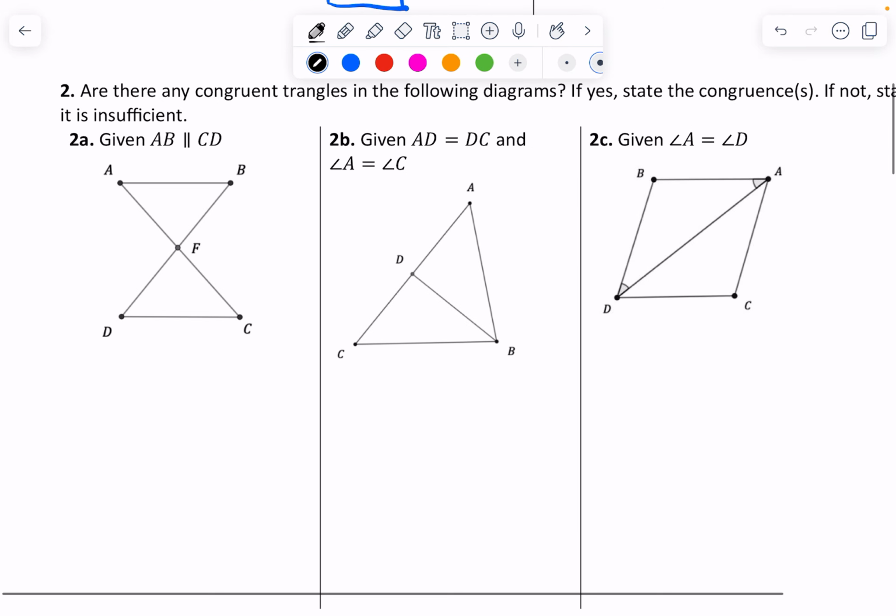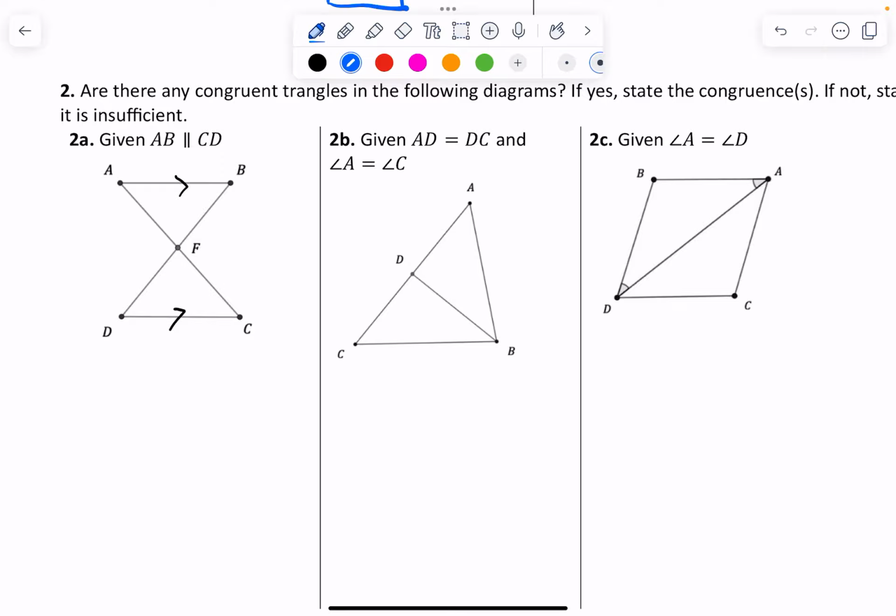Alright. So in the first one, we have that AB and CD are parallel. Right, they are parallel. So because they are parallel, it might feel like these two triangles are already congruent. But they are not.